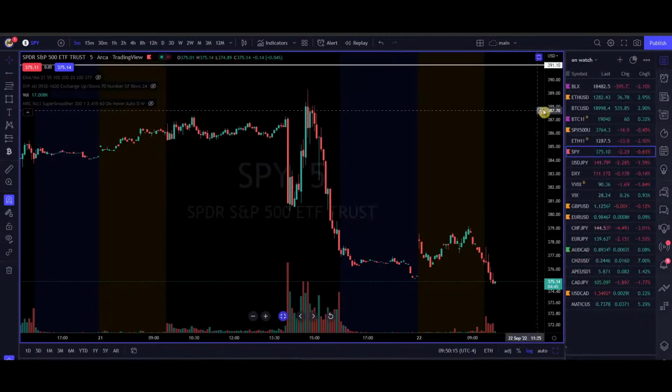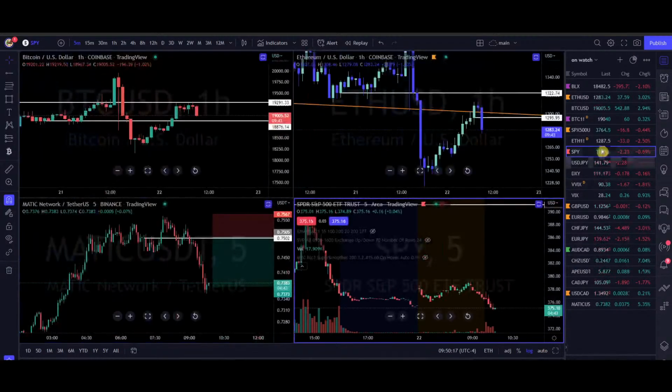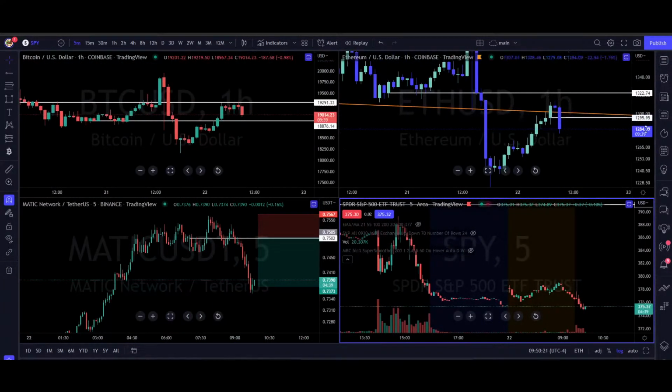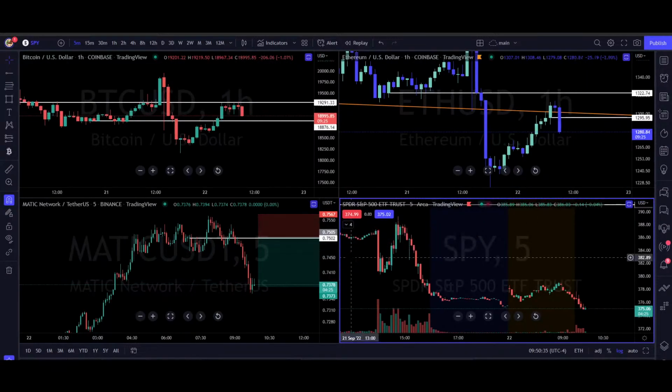We just could not get our entry. But watch Ethereum for 1295 for potential short side continuation. Your stop would have to be high of day still, so that's going to be a wide stop loss. But if you're going to see multiple days of downside continuation, that's going to be a decent spot for an entry.